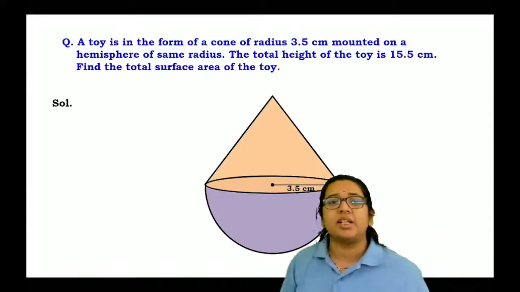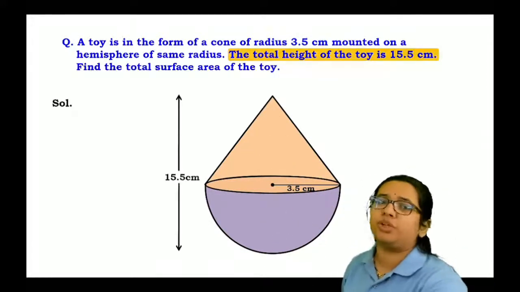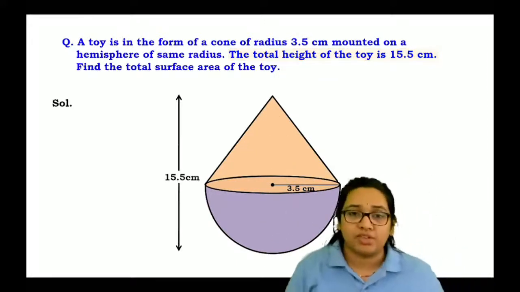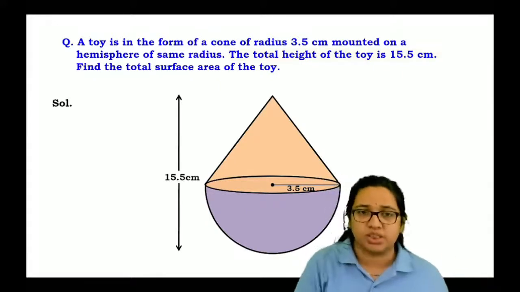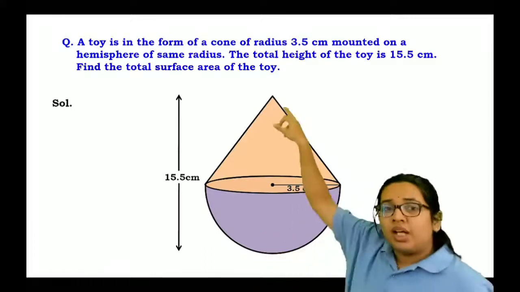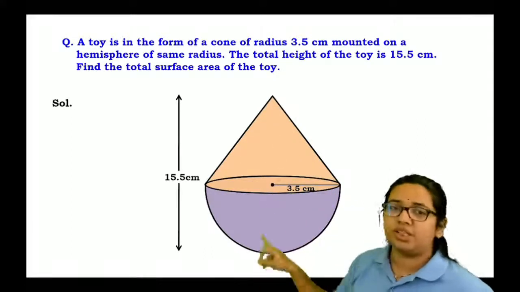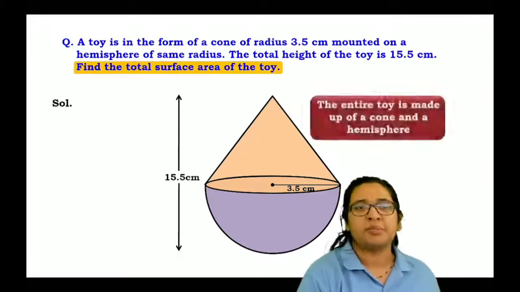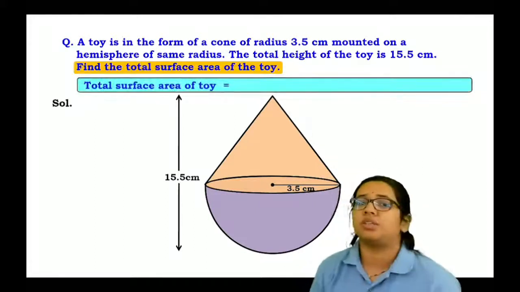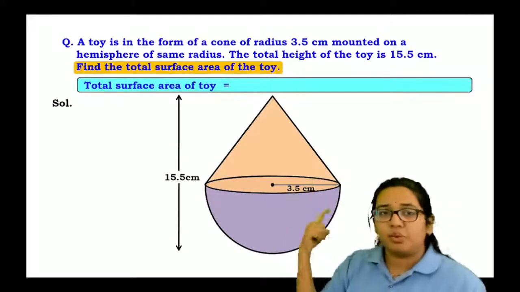Second case is that the total height of the toy is given as 15.5. So as we have done in the earlier question, the total height of the toy is nothing but height of the cone plus radius of the hemisphere. Right? Then we have to find the total surface area of the toy. So I can see the first part is nothing but cone.